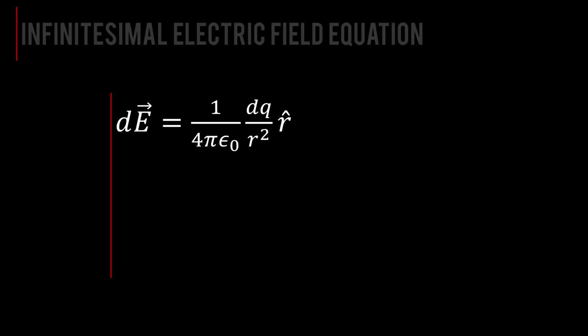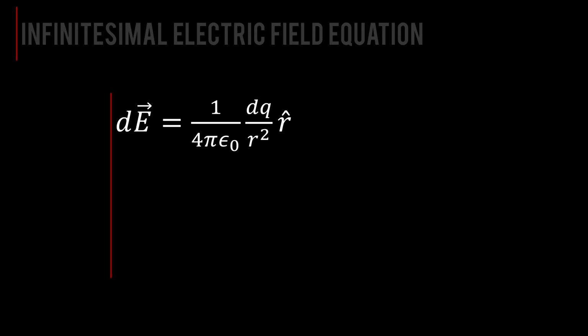Now, looking at this equation in more detail, we want to actually quantitatively relate dE and dq. What we can say is that dE is going to be equal to 1 over 4 pi epsilon naught times dq divided by r squared times r hat. So effectively, this equation is almost exactly the same as the equation that we had for the point charge.